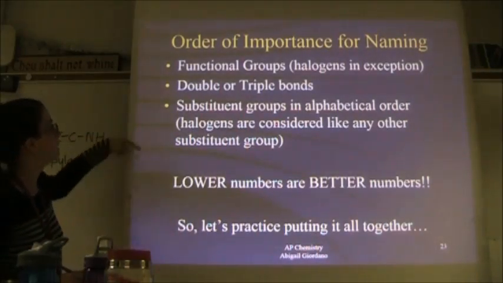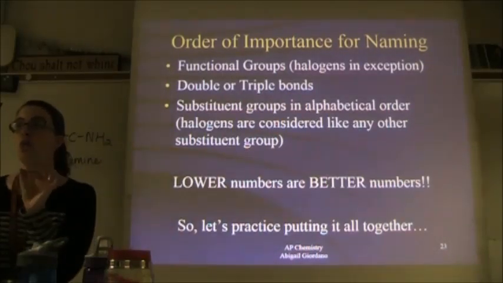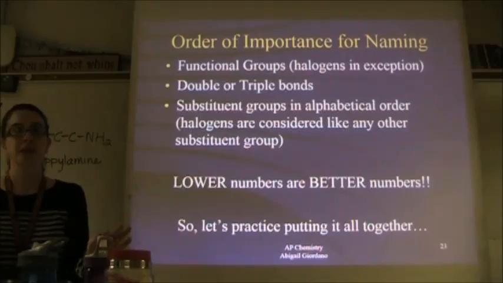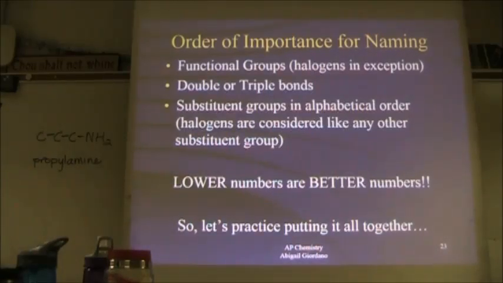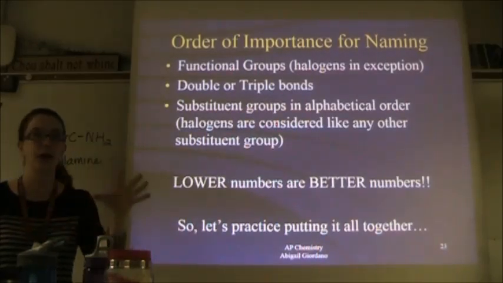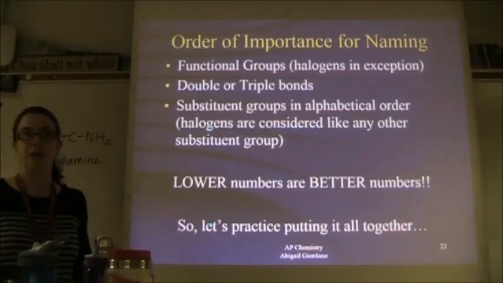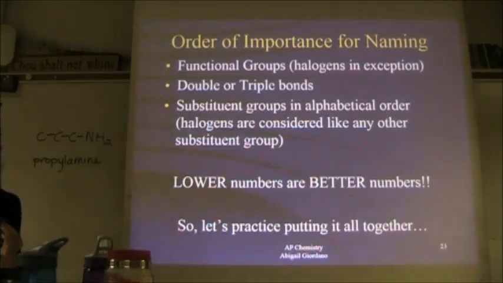Well, I'll tell you. Number 1 in importance to be on a low number carbon is a functional group. If you see a functional group in your drawing, you can right away decide how to number your carbons, no matter what else is there. Because that is number 1 in importance, to be on the lowest number carbon you can make it.